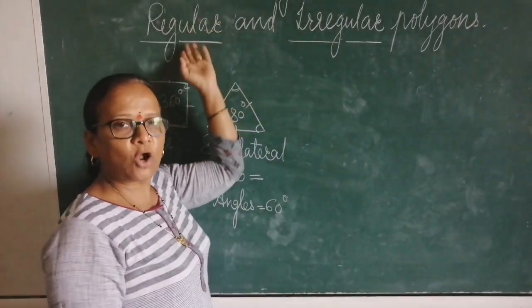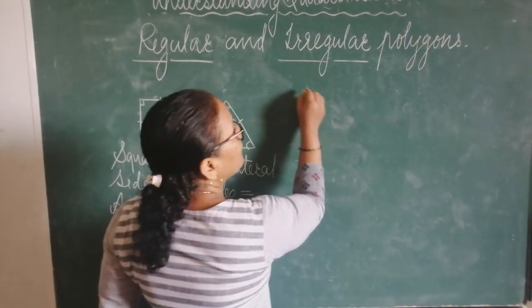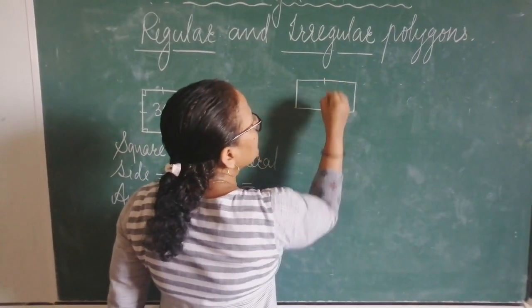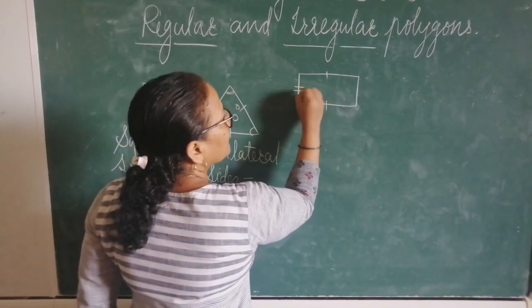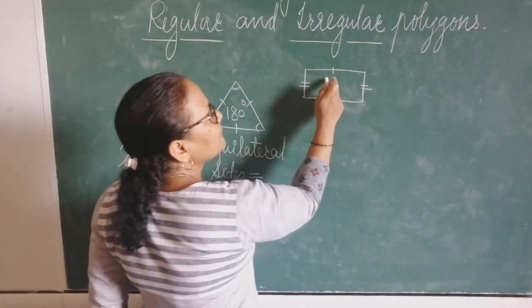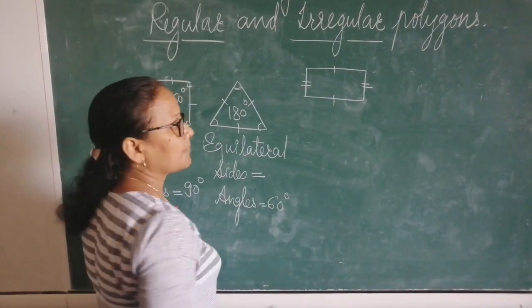For example, in a rectangle, opposite sides are equal, which means all sides are not equal to each other. Therefore, a rectangle is called an irregular polygon.